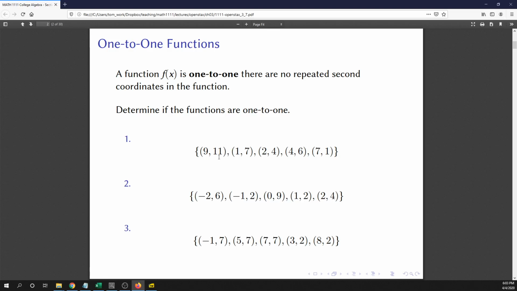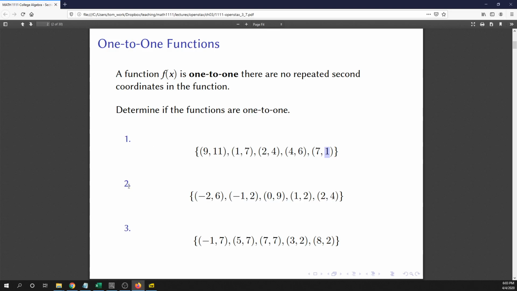All you would need to do is go through and look at the second coordinates and see if there's any repeats. So I have an 11, 7, 4, a 6, and a 1. There's no repeats, so function 1 is one-to-one.